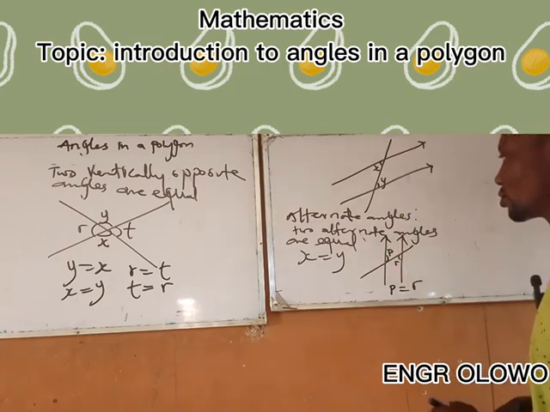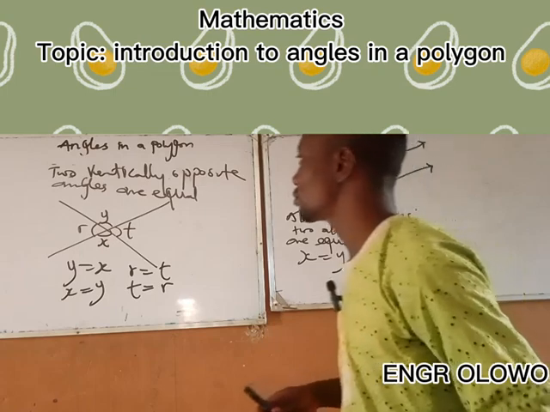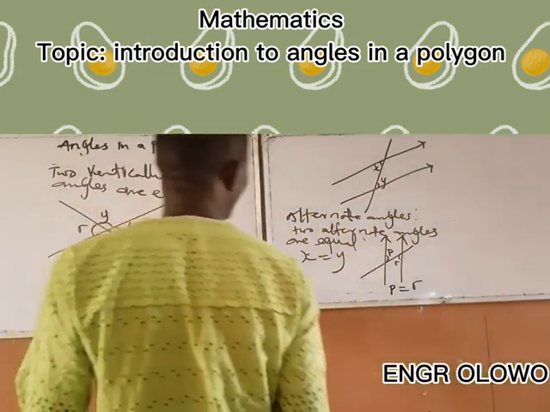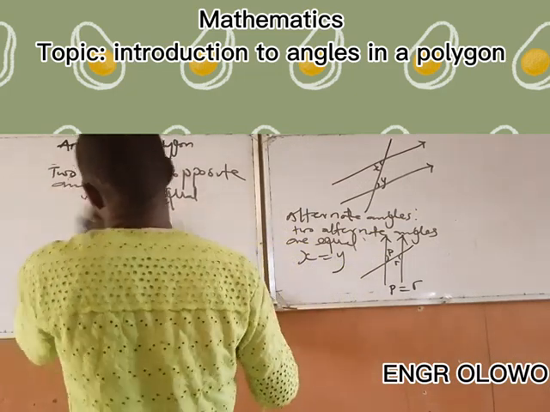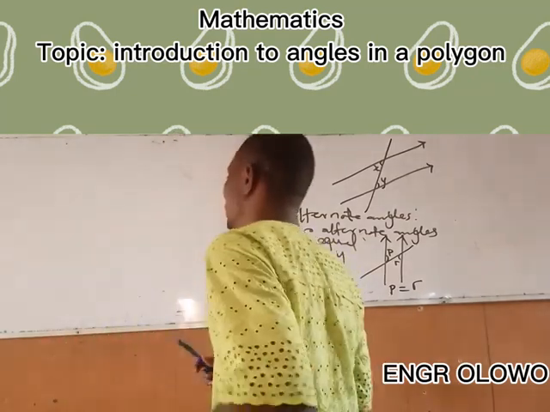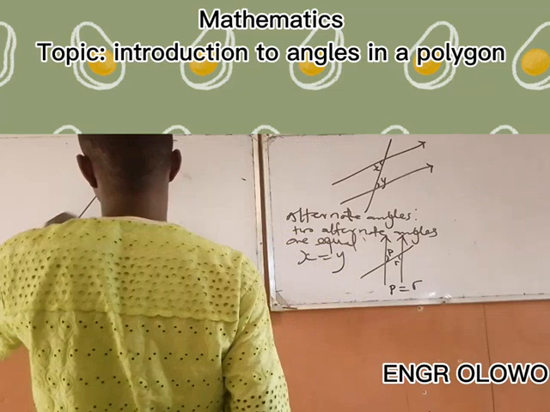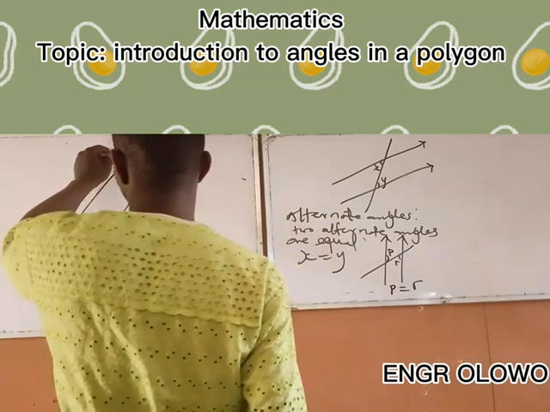So P and R are equal, just as X and Y are equal. So P is equal to R. Whatever P is, that's what R is.